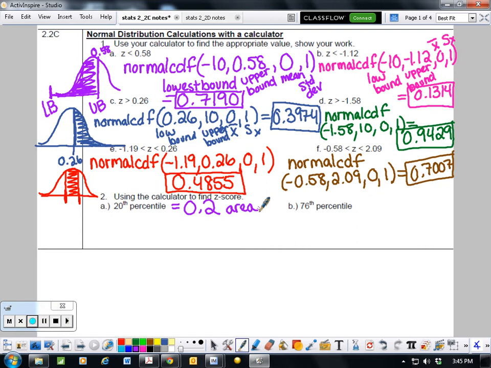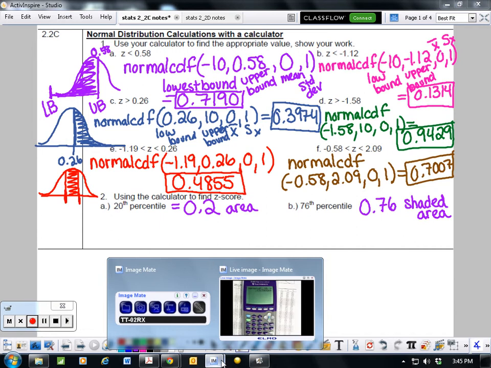For 76th percentile, I'm looking at 0.76 as my shaded area. So we're going to look at, well, how do I find this out? So remember, this is working backwards. So let's look at that calculator.